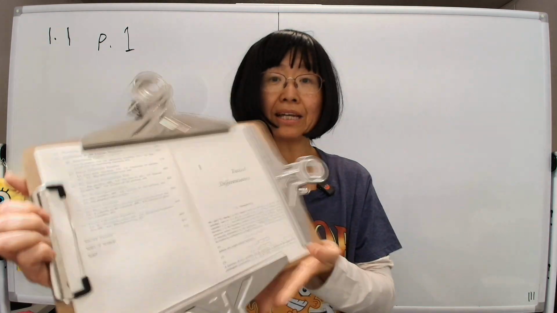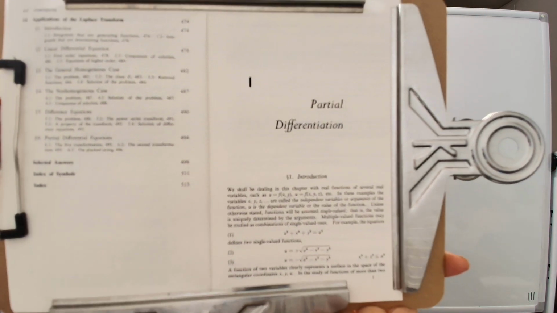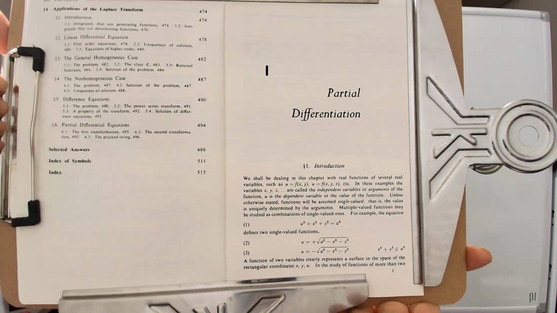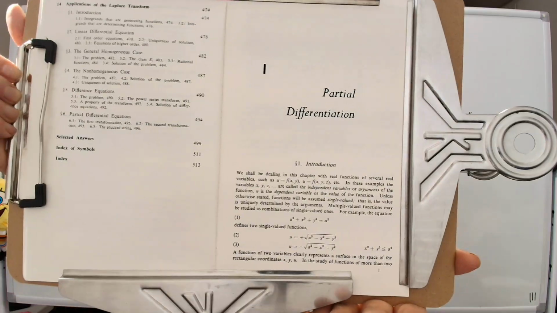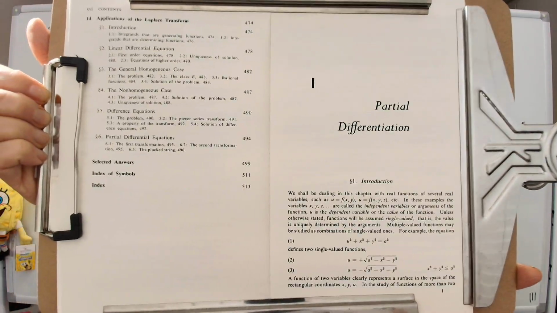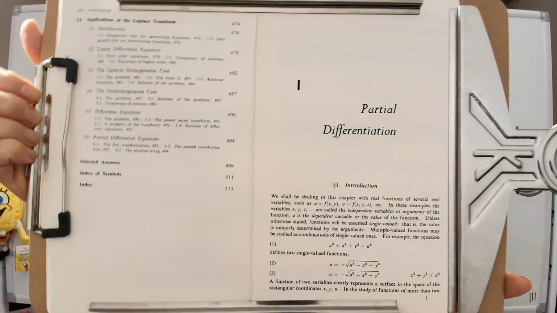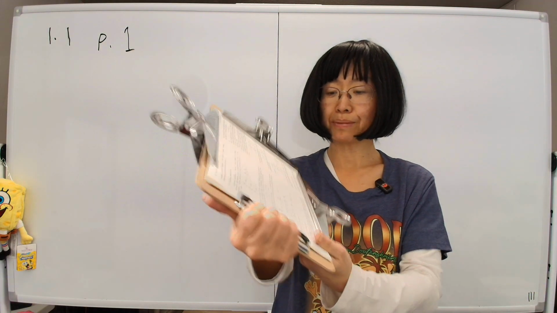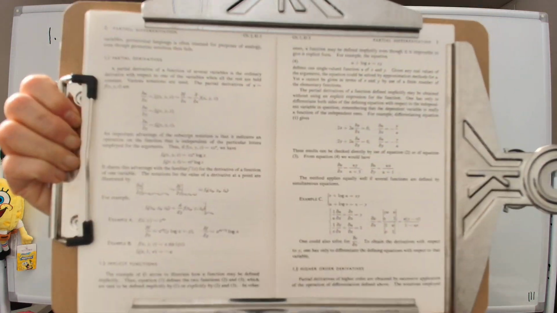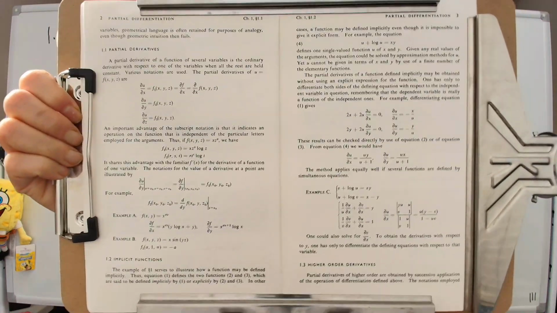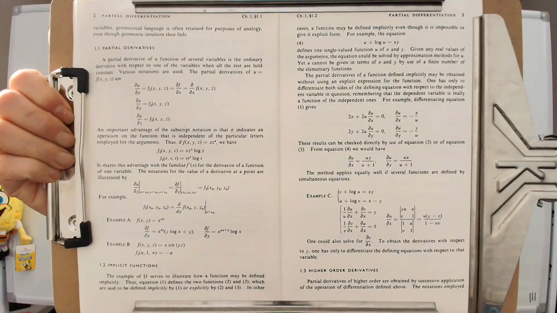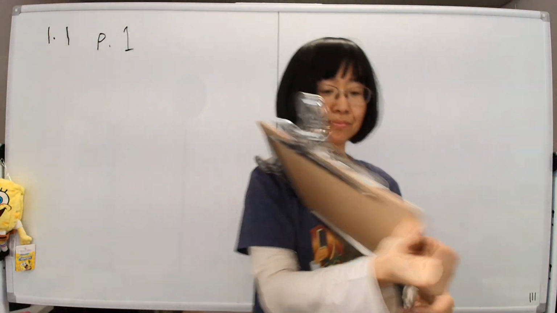So here is page 1. Let's see, where's the page number? I don't see it. Well, doesn't matter. Here is page 1, and I need to figure out how to do this right. And then next, here are pages 2 and 3. I have it right here. Maybe a little closer.